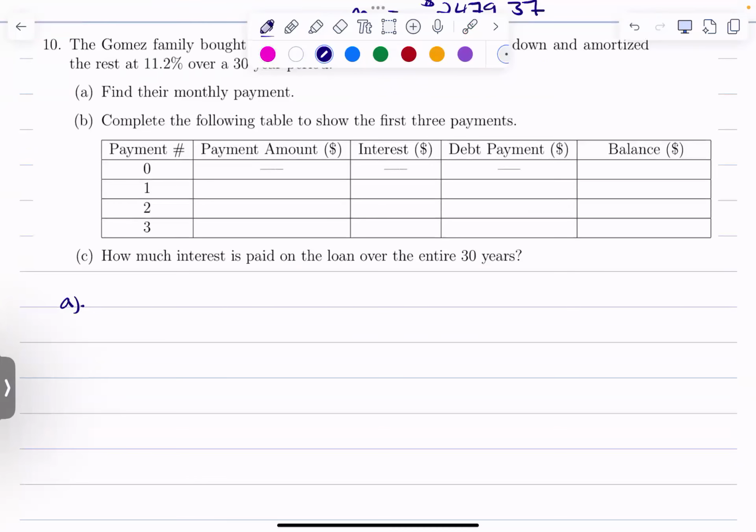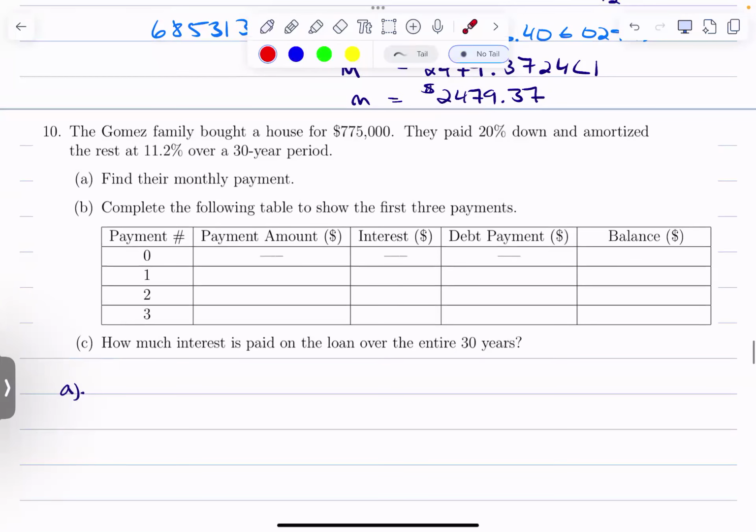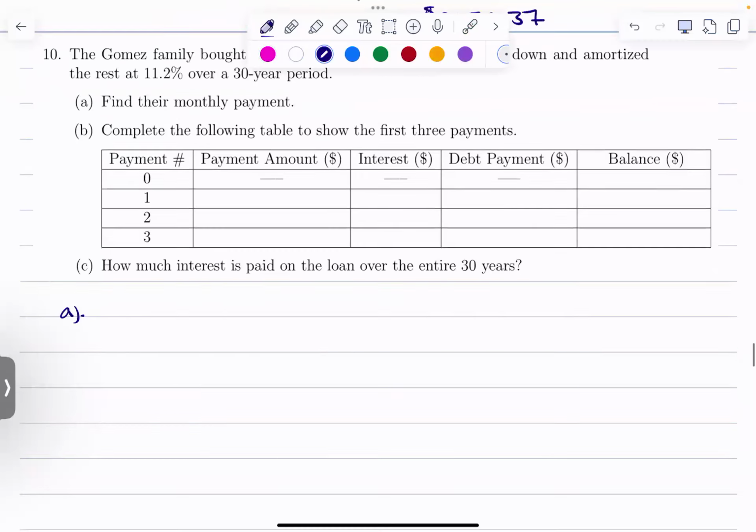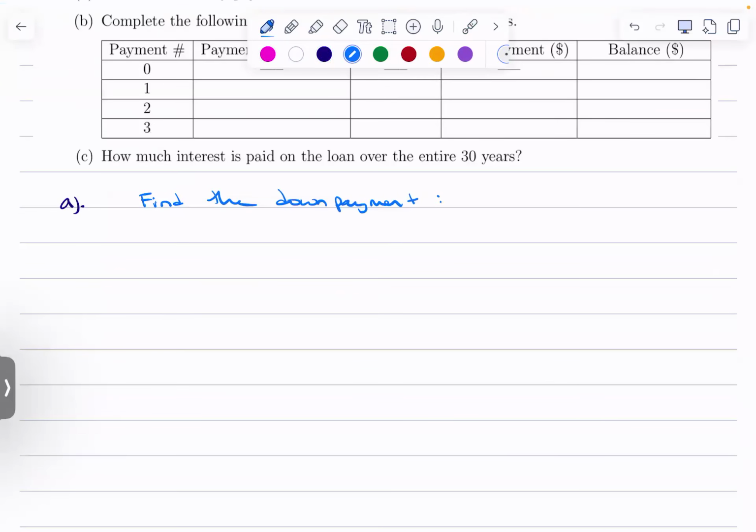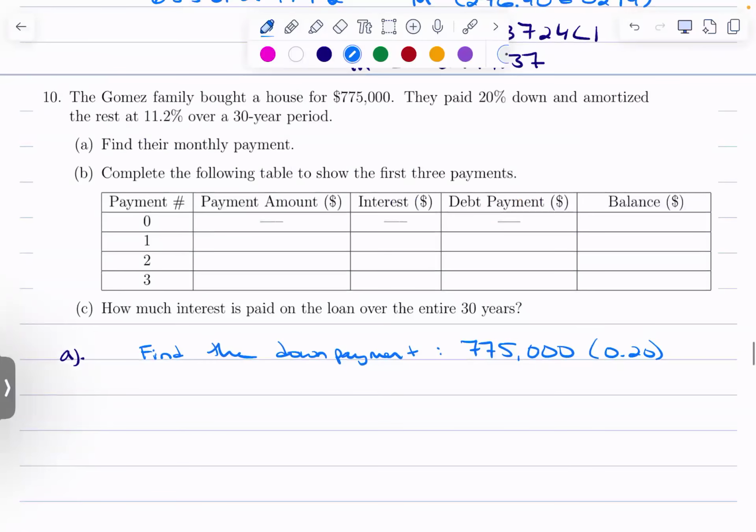I'll do part A down here. Find their monthly payment. So they bought a house for $775,000, but then they paid 20% down, which means we need to find the down payment. The down payment is going to be 775,000 times 20% or 0.2.